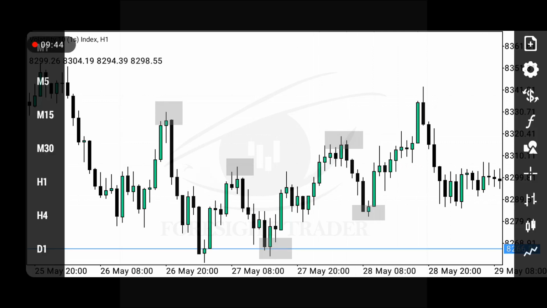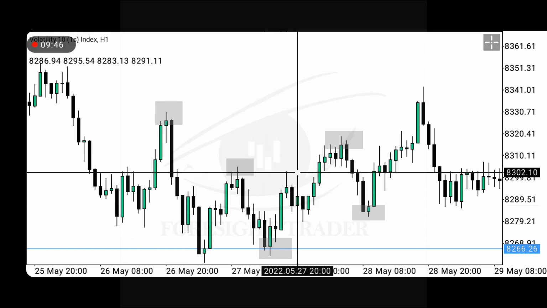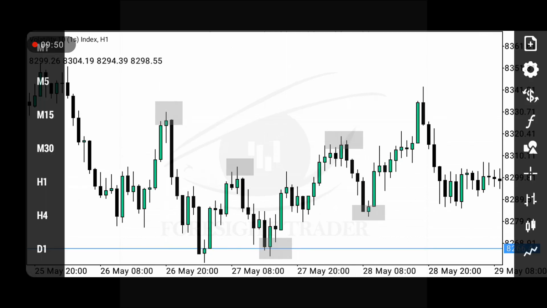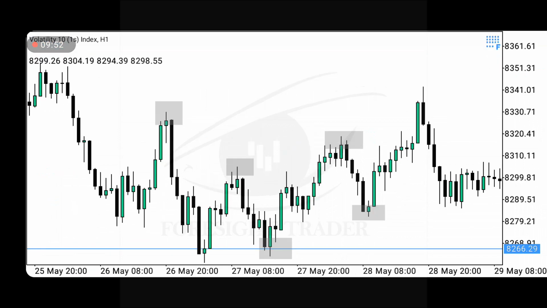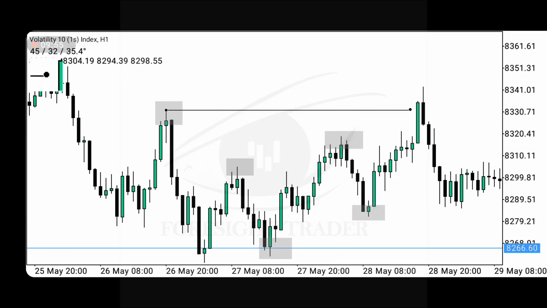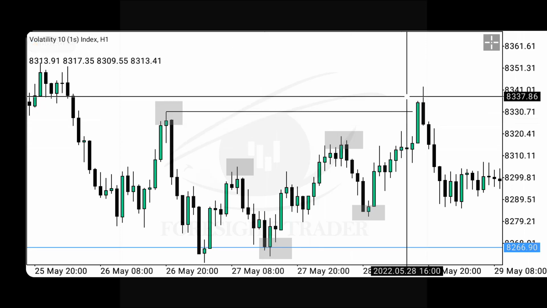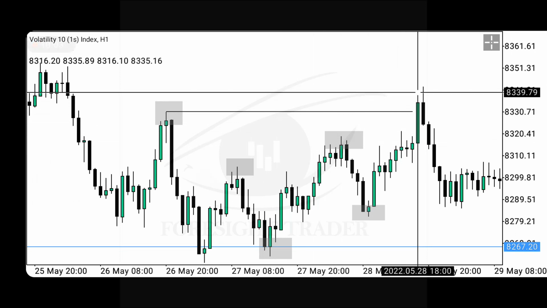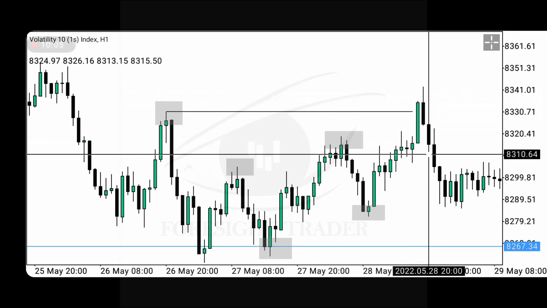So this is what the market did. The market started moving to the upside, hunting for this particular high. And you can see price trades into the high impulsively, it made an impulsive move to the upside, then drops down.